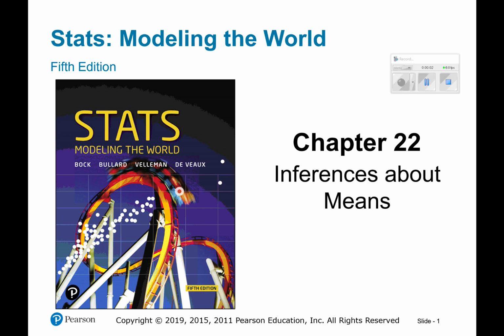Okay, let's take a look here at our next unit, starting with chapter 22, entitled Inferences About Means. This is, again, as you were forewarned. In the previous unit, we were looking at categorical variables, where the only fair way to compare one category to another is by calculating a proportion of the whole.